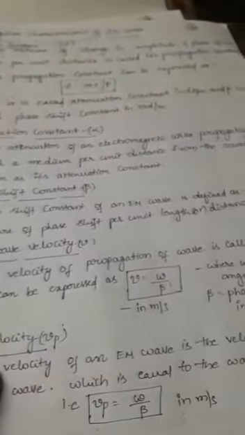The phase shift constant beta of an EM wave is defined as the measure of phase shift per unit length or distance.